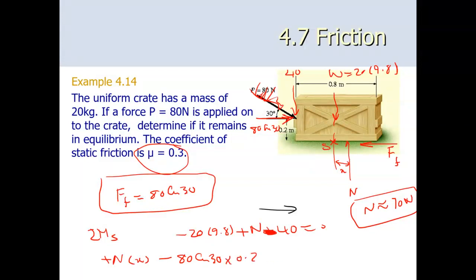And then I have a positive rotation due to the 40, that is plus 40, and the arm of rotation is 0.4.